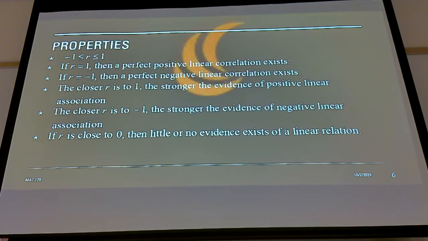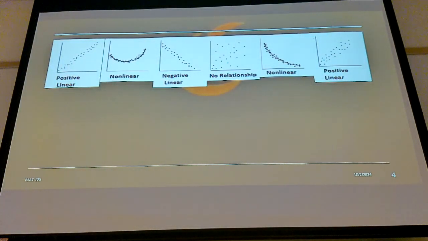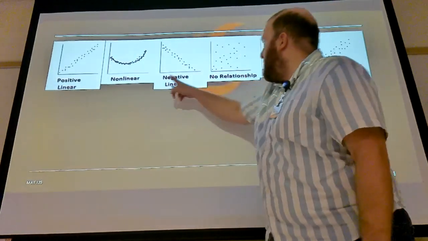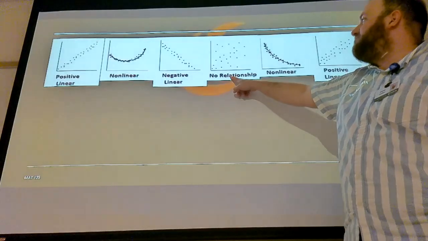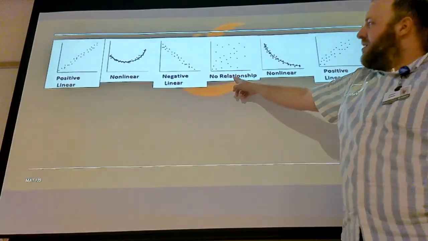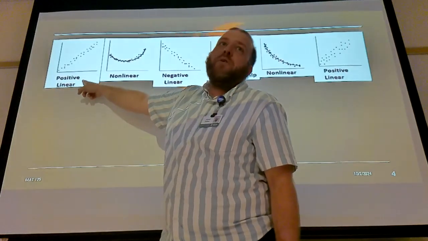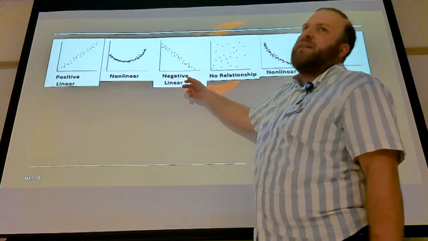If I go back, these two would be 0. This probably wouldn't be 0, it'd probably be really close to 0 though. This would probably be like 0.9, 0.8, 0.9. This would probably be like negative 0.8, 0.9.